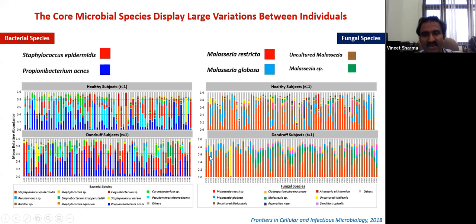You can see that it varies a lot, and in terms of healthy and dandruff, if you compare, you see a very different landscape, and in the case of bacteria also, you see a very different landscape. The colors show that these species are present across healthy and dandruff, but the proportion varies.